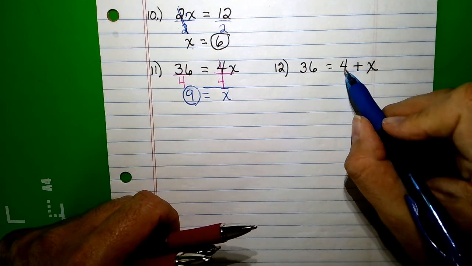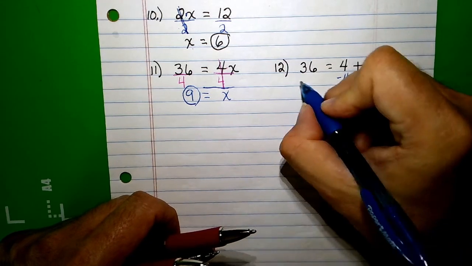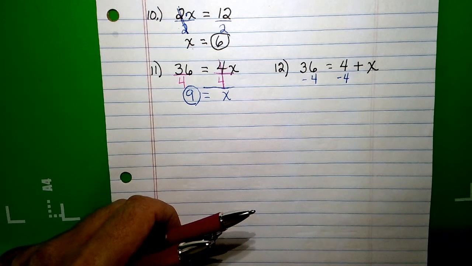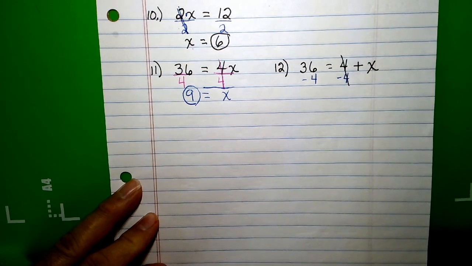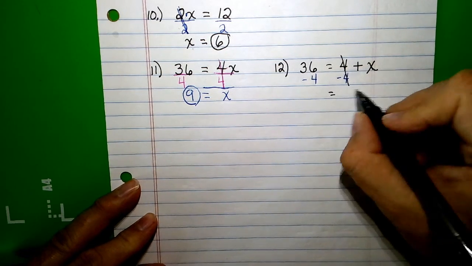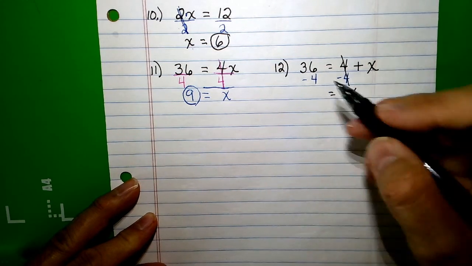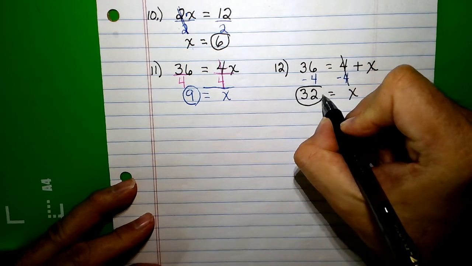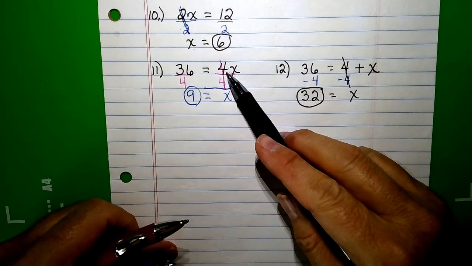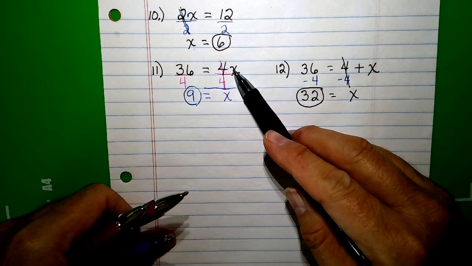This is addition over here, so I can subtract 4 from both sides. And on the right, the 4's are subtracting out. 4 minus 4 is 0. We just have that positive x. And on the left, a 32. Y'all see the difference here? If there's no symbol between the number and the variable, that's when you divide both sides.